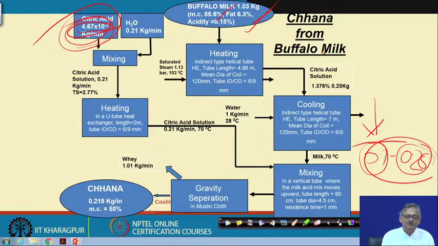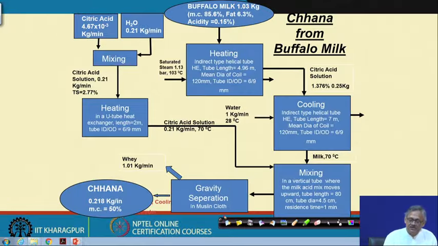So, that is why it is per minute, that is, the flow rate. So, this mass flow rate of 4.67 × 10⁻³ kg per minute is taken as granules, and water is taken at 0.21 kg per minute.